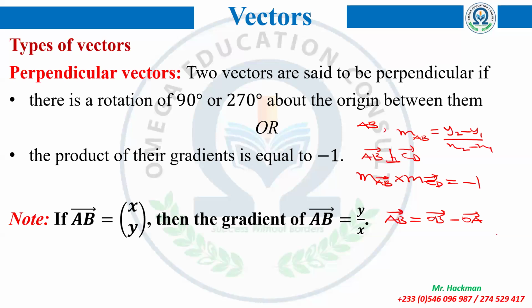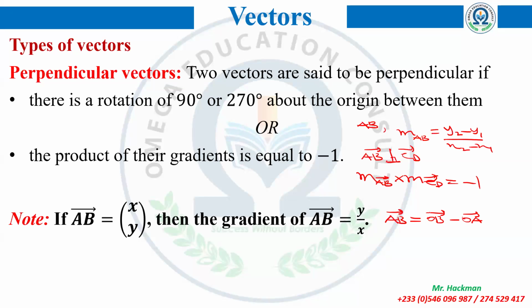We'll do this today, moving from a free vector to position vectors. Every free vector in terms of position vectors is the position vector of the terminal point minus the position vector of the initial point.